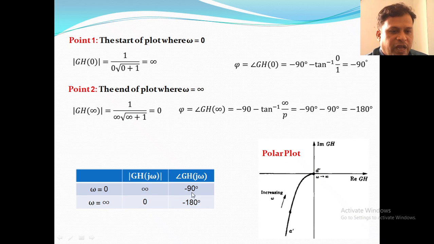But if you see the angles, it is minus 90 as well as minus 180 degrees. If you are plotting from omega equal to 0 and ending at omega equal to infinity, it goes from minus 90 to minus 180. So where does minus 90 come from? Minus 90 is from this real axis. This is 90 and this is minus 90. So it starts from here and ends at omega equal to infinity. So the graph will be plotted in this segment.